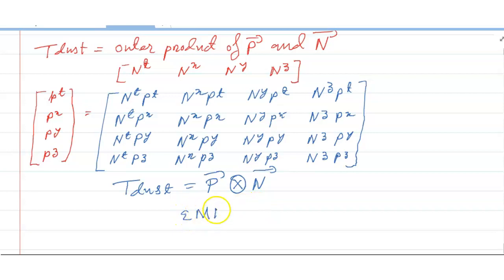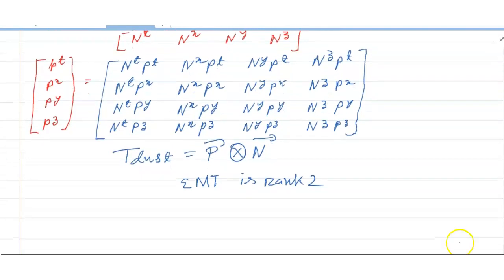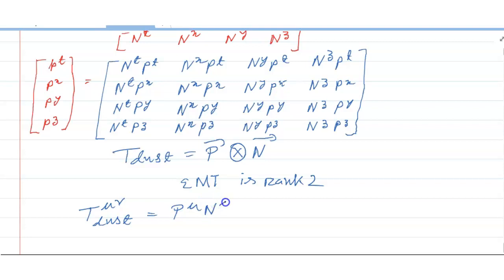EMT is rank 2. Now T mu nu dust equals P mu N nu.